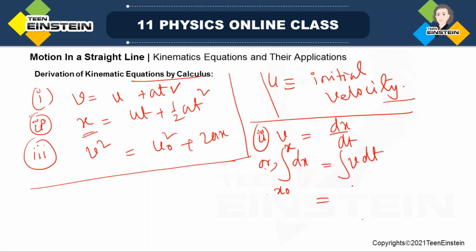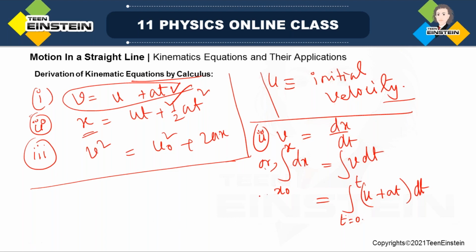So we have to replace this v by the expression u plus at, and integrate dt from time 0 to t.